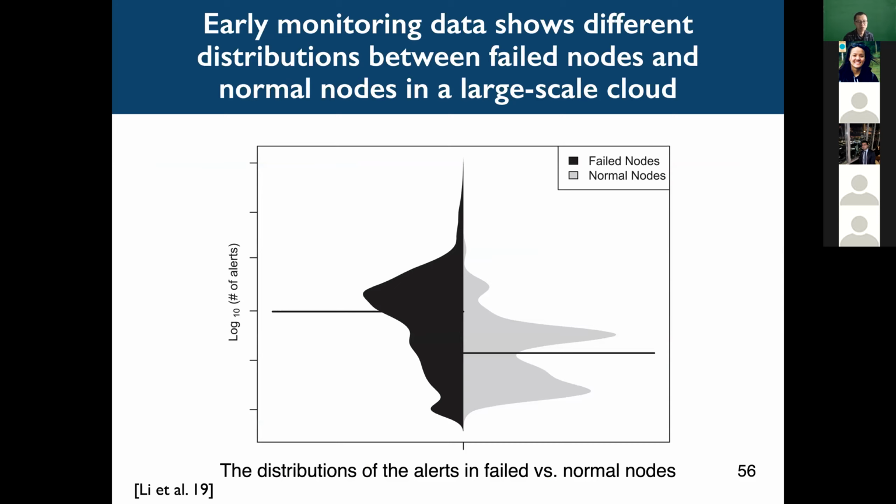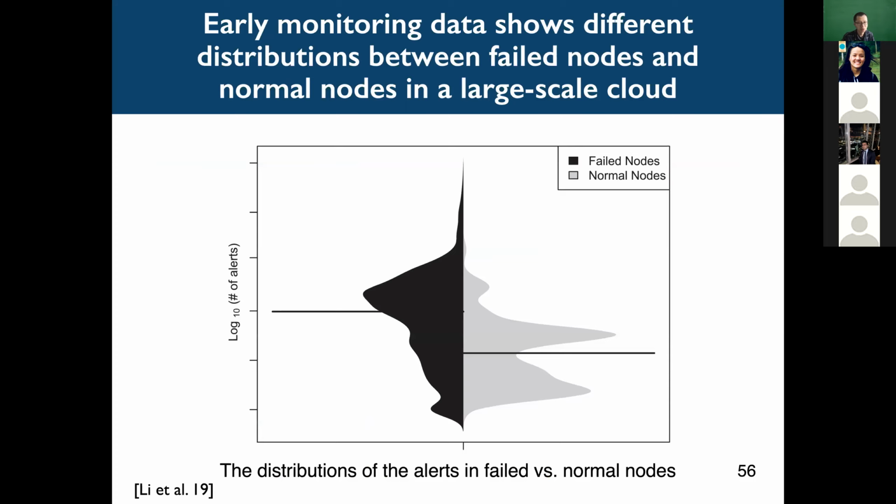There are some monitoring data, some signals that can indicate future failures. This monitored data may have different distributions on failed machines and normal machines. Then we can use this data to do the prediction.